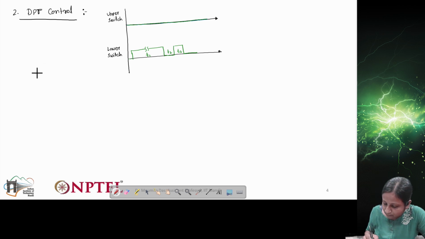So how is T1 dependent on different factors? T1 equal to L times IL divided by VDC.